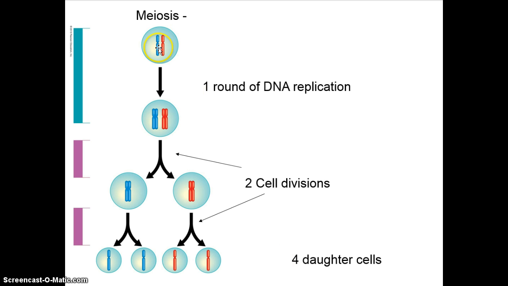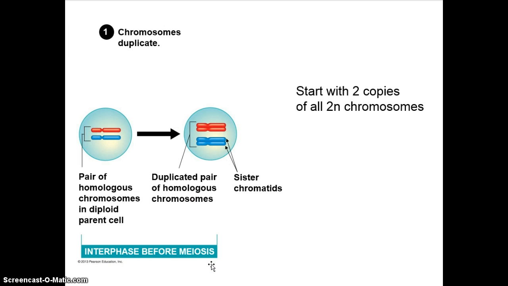So if you see up here, you started with 2 chromosomes, you duplicate them, so you basically make enough DNA for 2 cells, but then you make 4 cells, each cell winds up with half the amount of DNA, or half the number of chromosomes in the original cell. We are going to keep meiosis really simple and just talk about what happens during meiosis 1 and what happens during meiosis 2.